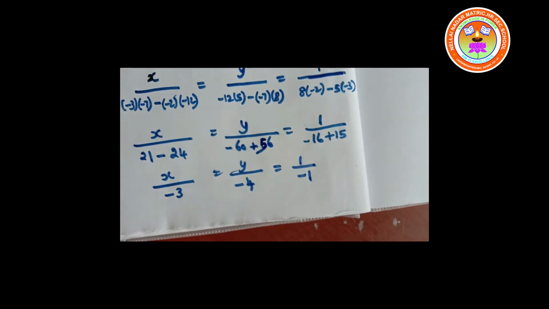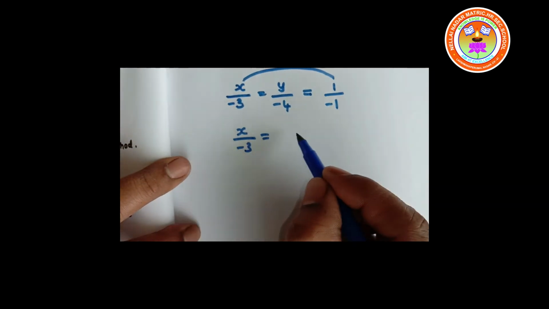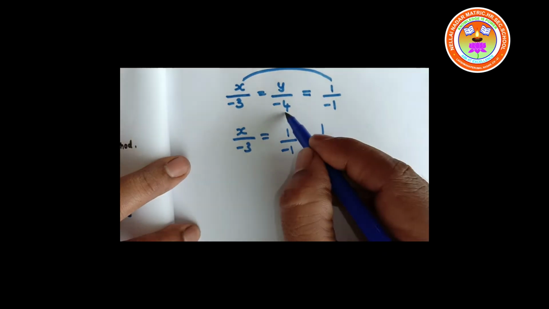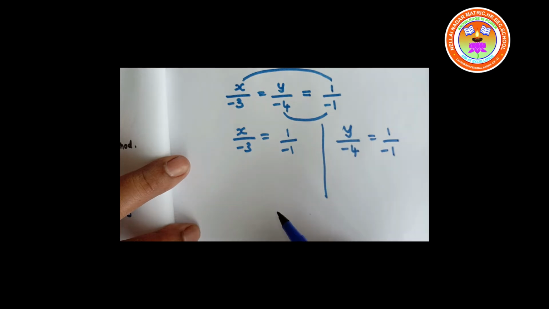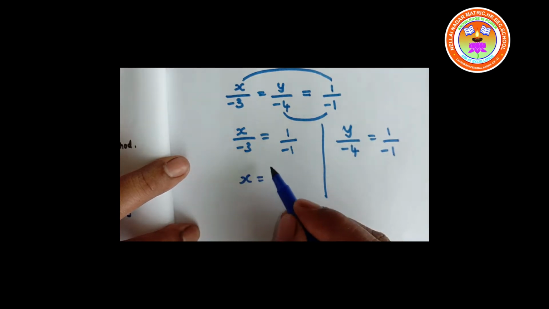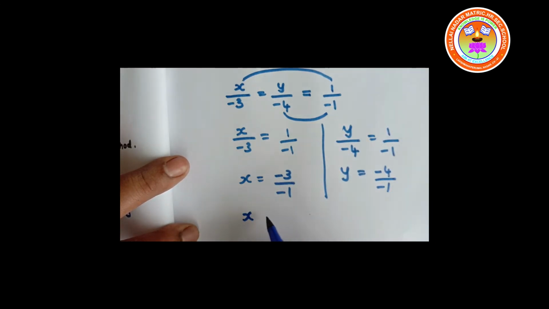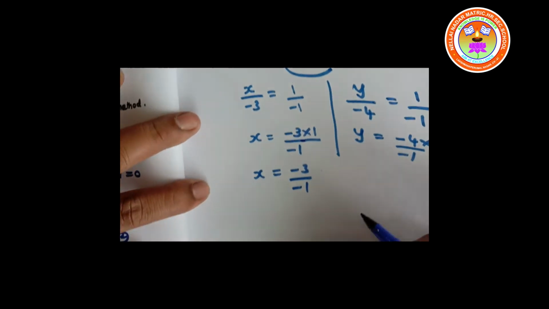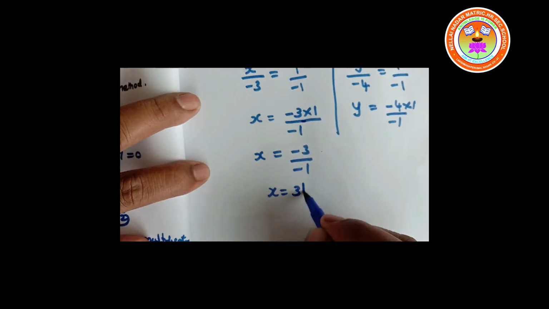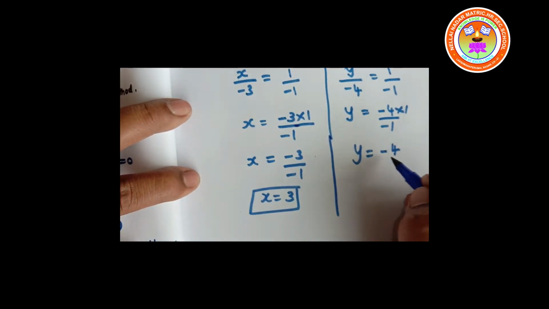Is it clear, children? Now taking x by minus 3 equal to 1 by minus 1, and next y by minus 4 equal to 1 by minus 1. So x is equal to minus 3 by minus 1, and y is equal to minus 4 by minus 1.